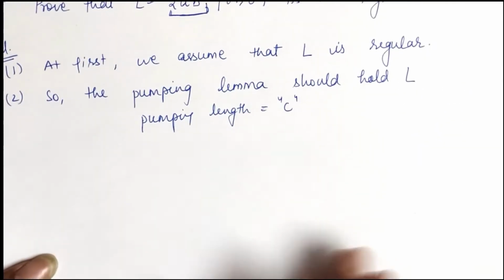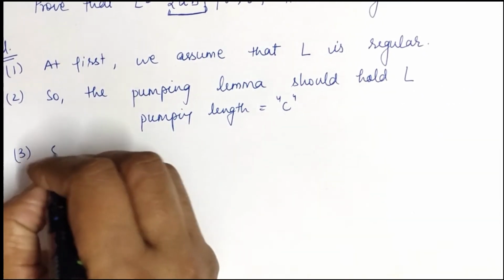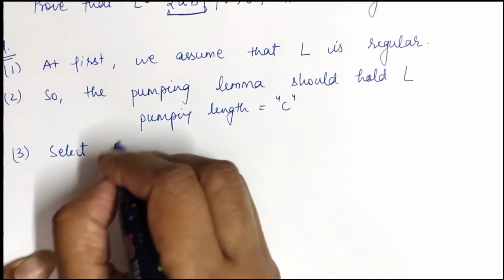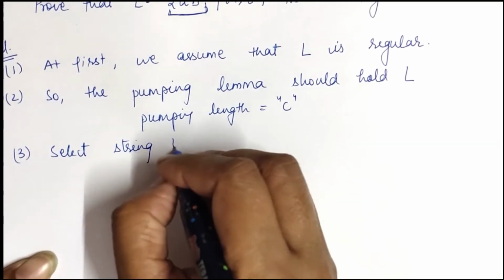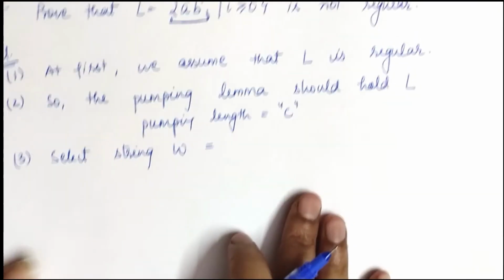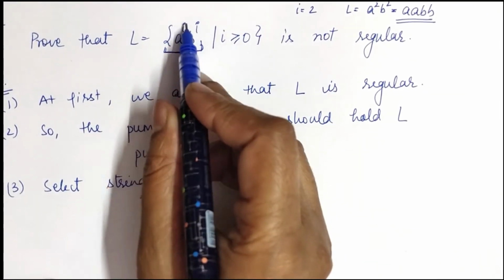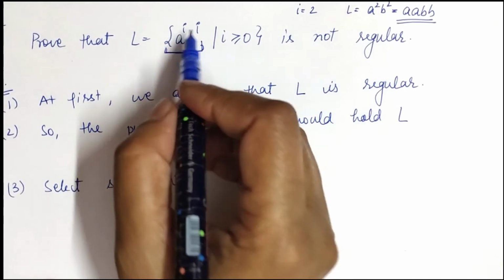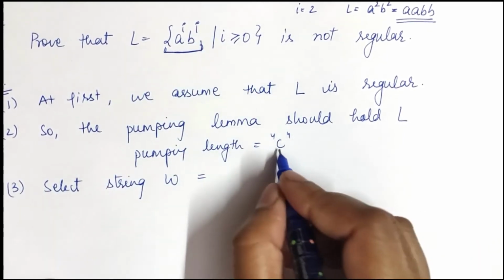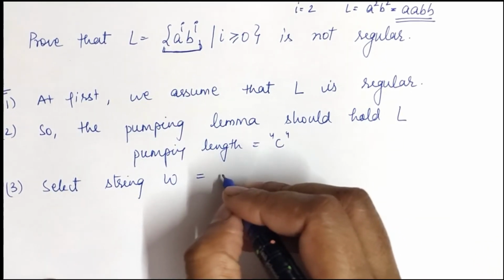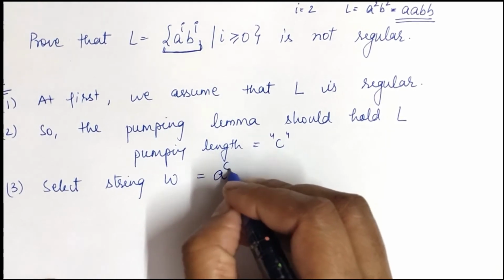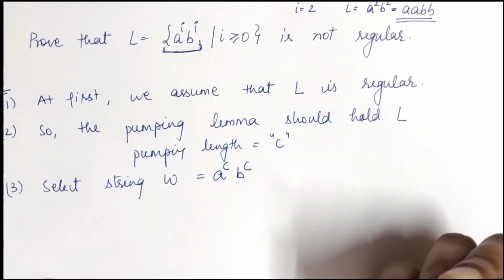So, in the third step, we select the string W, which equals this language a to the power i b to the power i. In place of i, we put the pumping length, so the string W becomes a to the power C b to the power C.